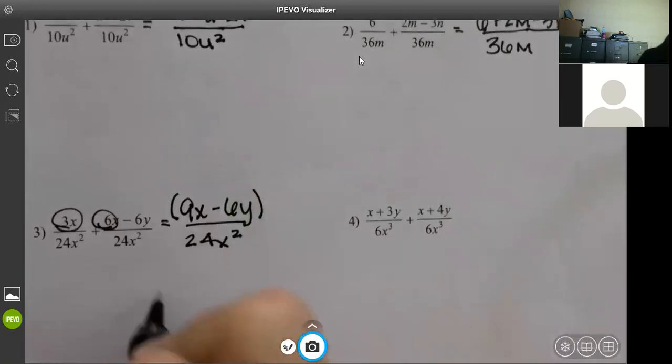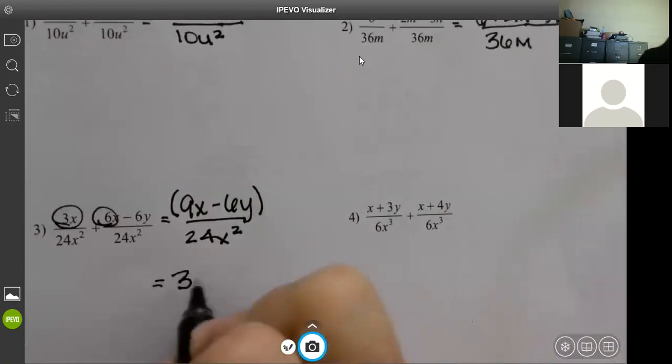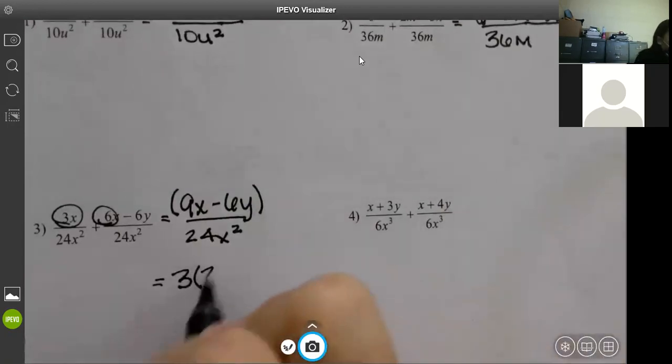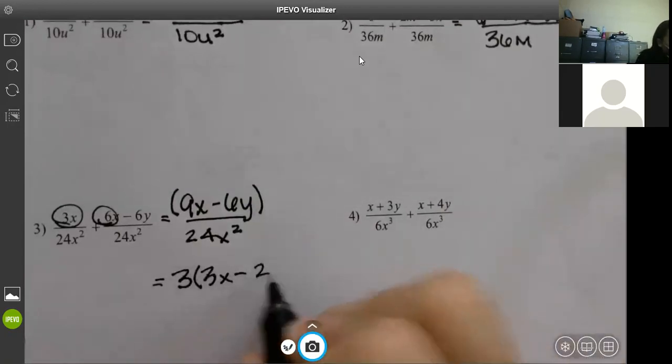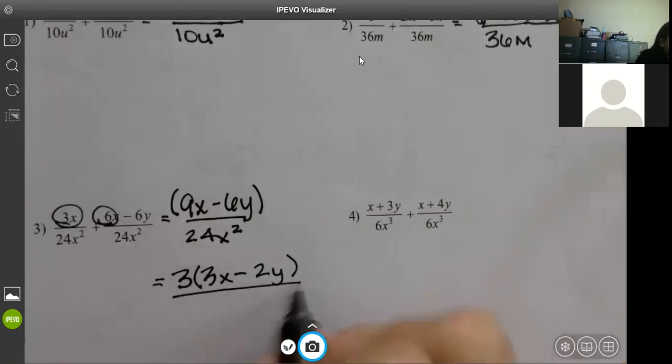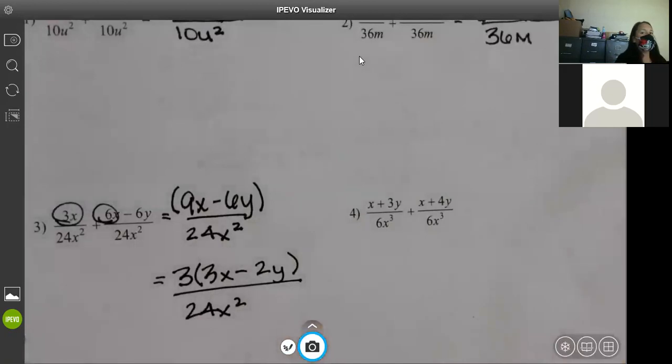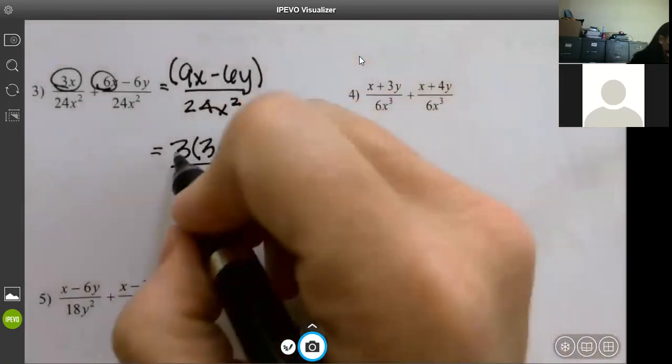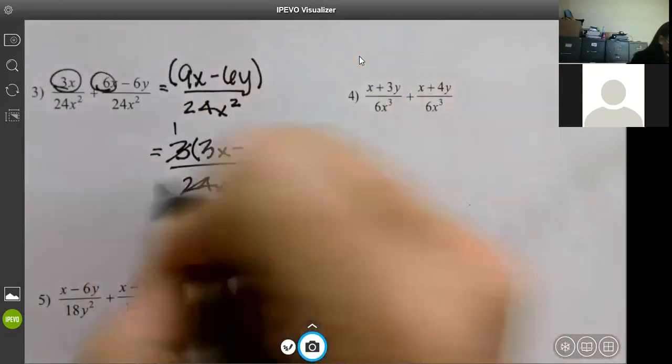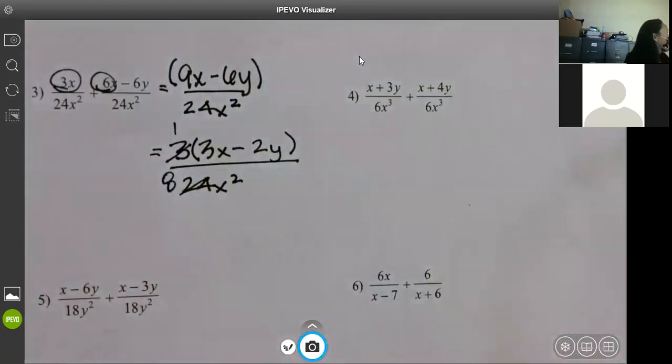So we're going to take out that 3. What's that leave us with on the top? 2 what? 2y. On the bottom, we're going to have 24x squared. You said the 3 and the 24 will reduce to what? Will anything else reduce?